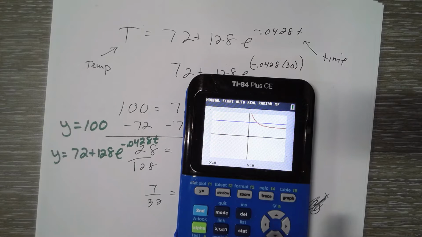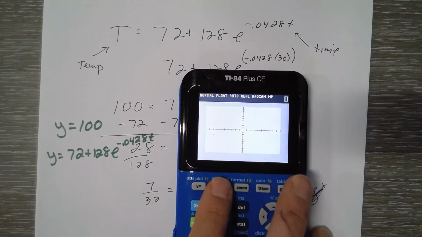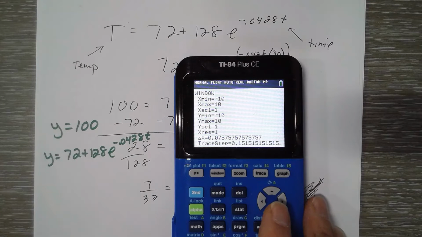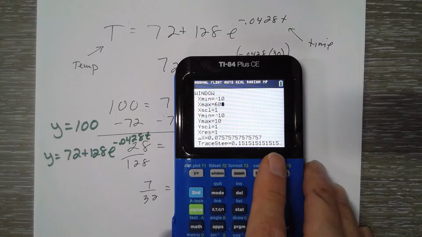Okay, so if I was doing this problem, I would not zoom out 5 or 6 times. I would look at the domain and range of the problem. We know that at 30 minutes, we're guessing about 35 minutes and we'll have our answer. So I'm going to go to window. In my X max, we think it's about 35. I'll put like 60 just to make sure.